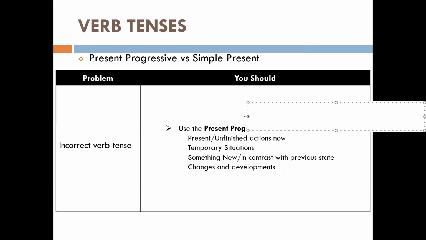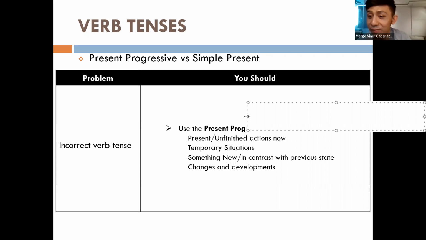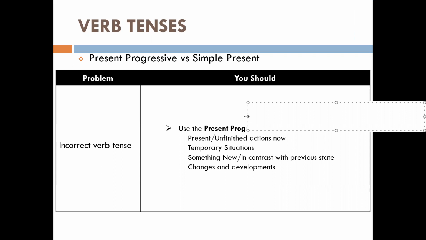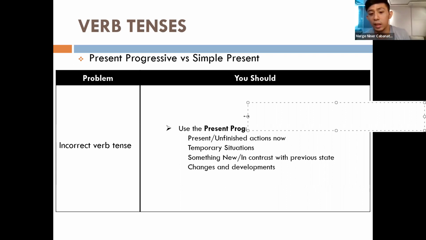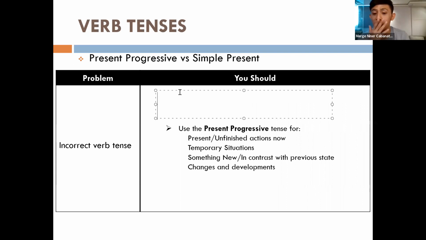Sir, is it advisable to use it during writing task 2 or not? Yung present progressive, ing, verb plus ing? Yes, exactly. Well, the M is R plus ing. Meron din naman siyang gamit sa writing task 2.